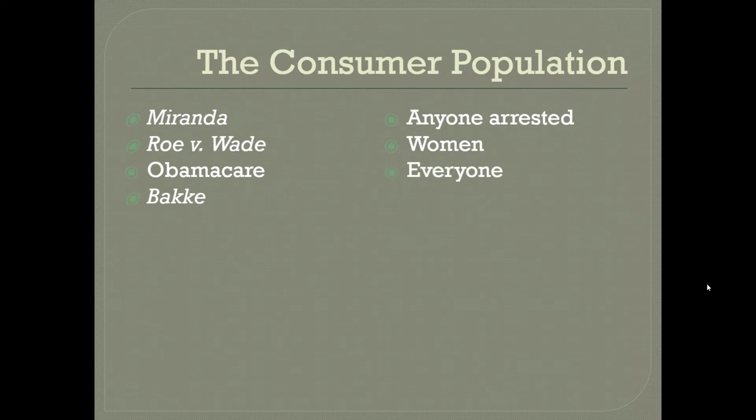Well, in this case, everybody in the United States would be the consumer population. So you can see the consumer population can be very, very large. And Bakke v. University of California, where the court struck down the UC Davis Medical School Affirmative Action Program. Of course, there the consumer population would be students. So as you can see, this is the largest and most varied of the categories.